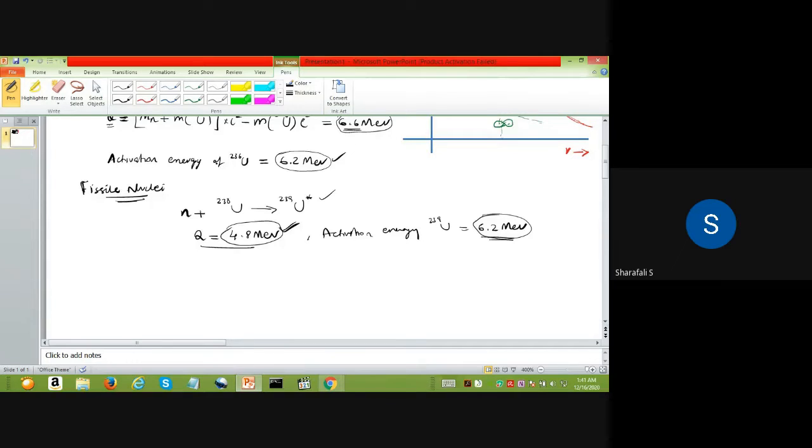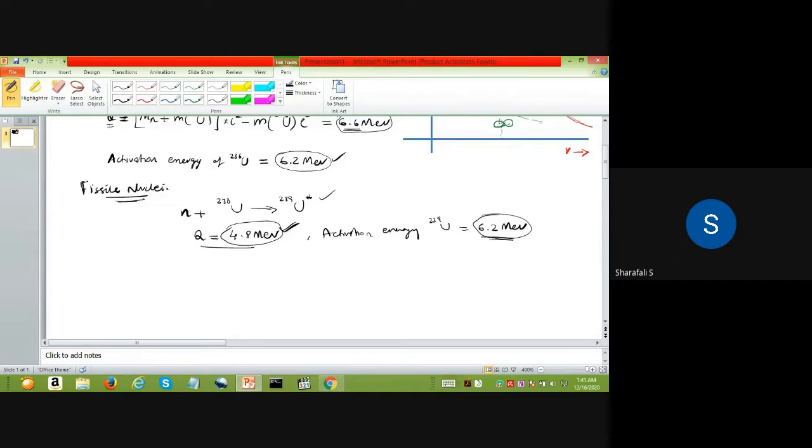So such materials in which very low energy neutrons can get absorbed and cause fission without any potential barrier formation, such nuclei are called fissile nuclei.